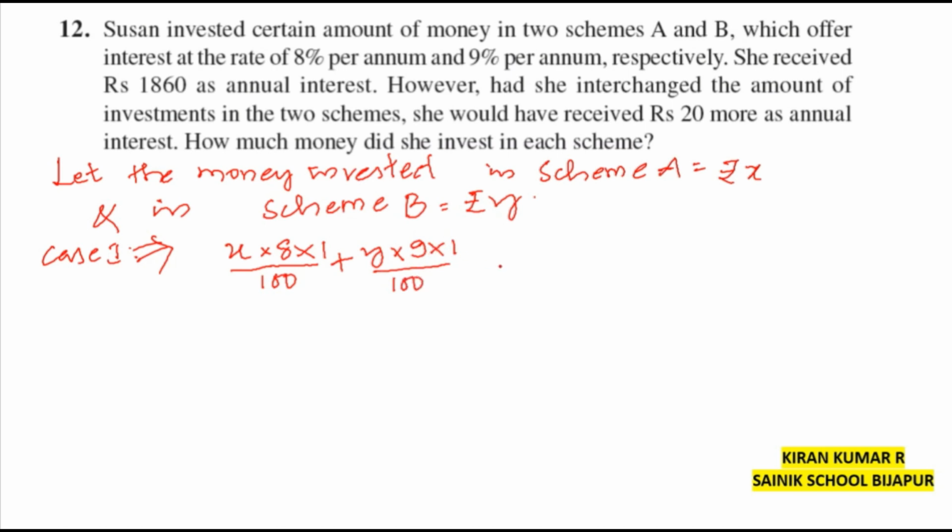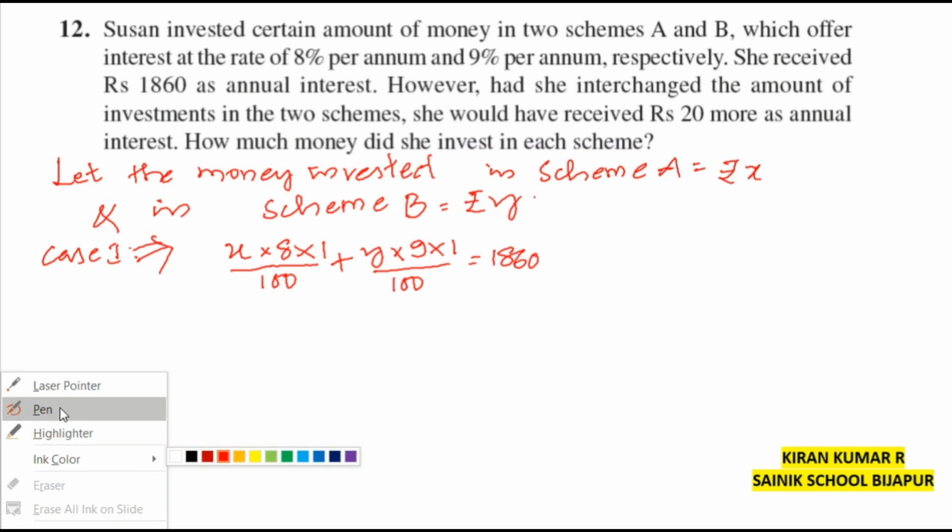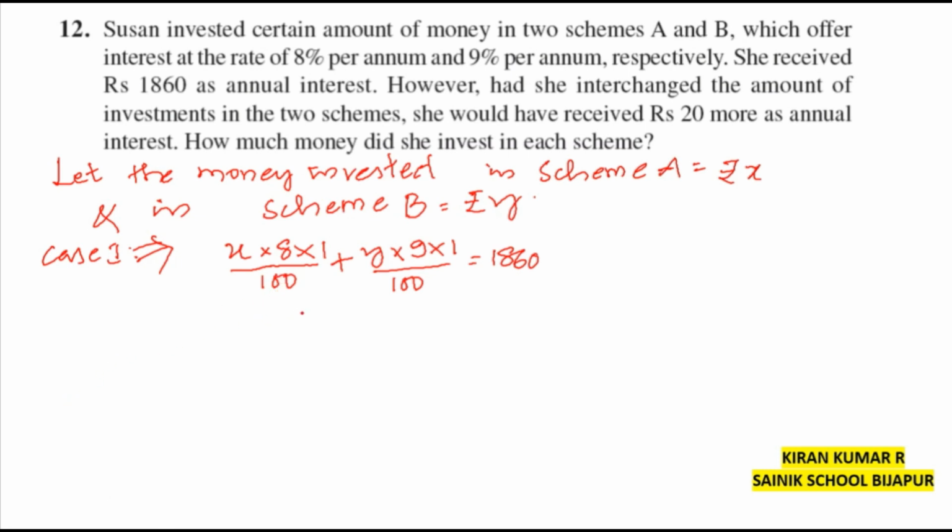So it is Y into 9 into 1 upon 100, which is equal to 1860. Here when denominator is 100 and if it is cross multiplied, we will be getting 8x plus 9y equal to 1860 followed by 2 more zeros. This is our first equation.